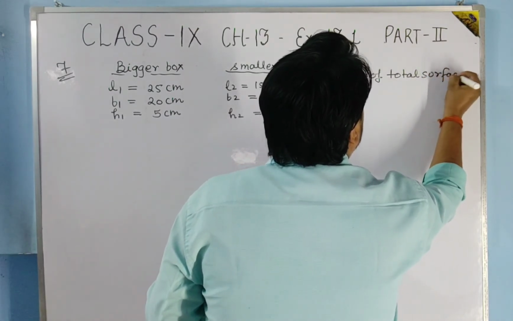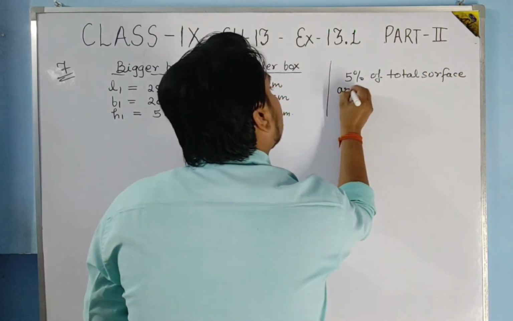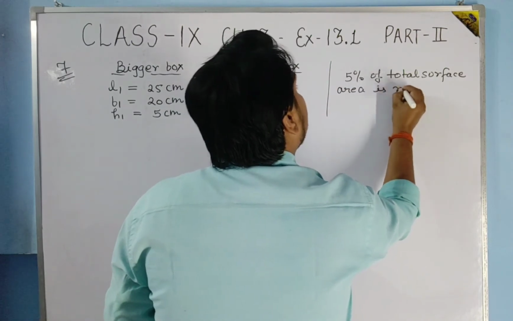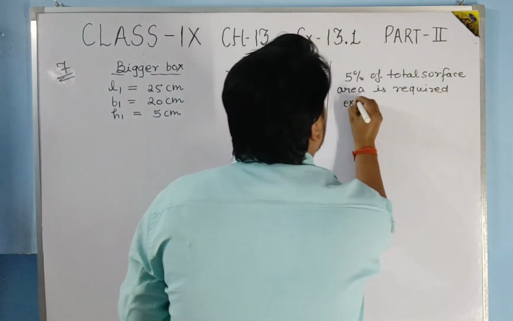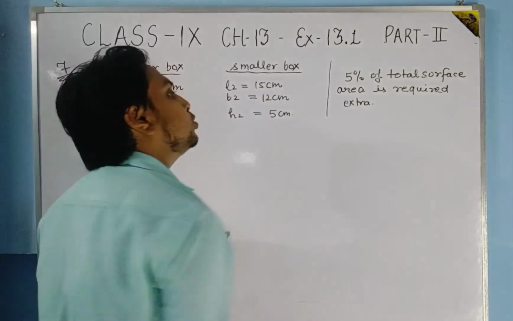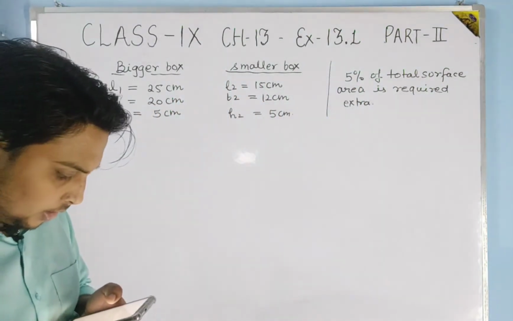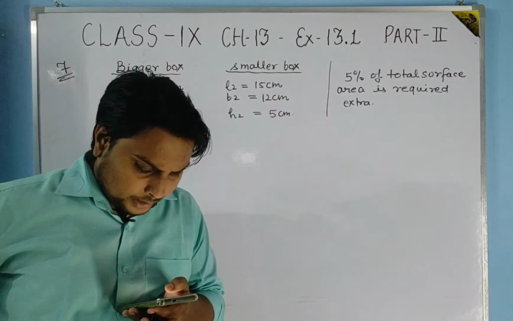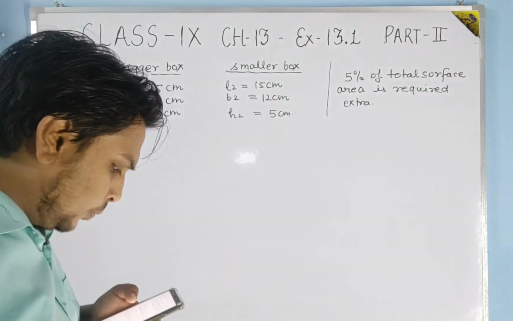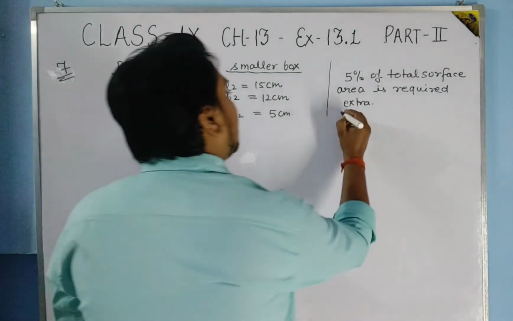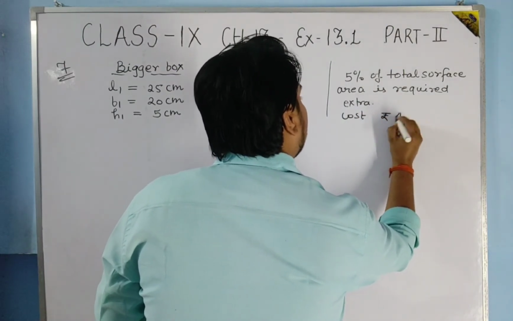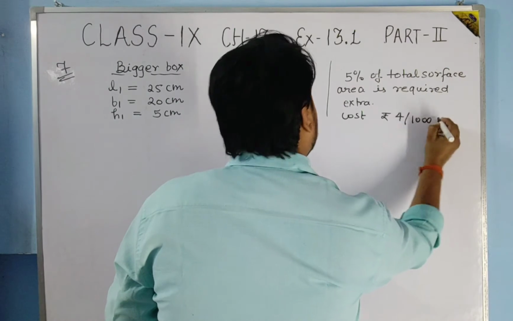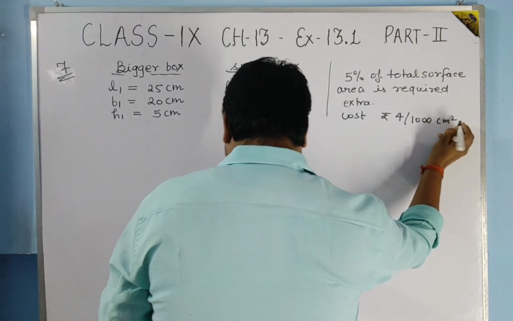is required extra, as it is said in the question. So what we have to find: the cost of cardboard is given as 4 rupees for 1000 centimeter square.